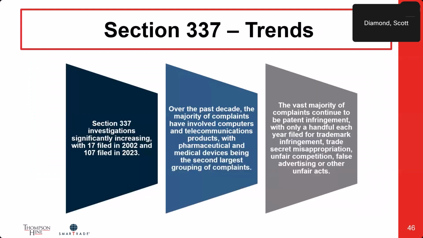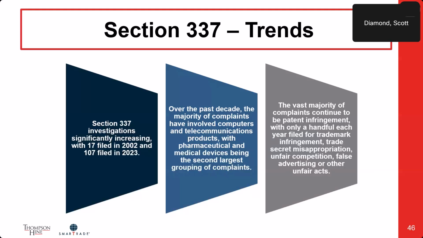This slide just gives you some trends. As you can see very clearly, the 337 caseload has increased dramatically in the past two decades. In 2002, there were 17 337 investigations, and as of 2023, the most recent data I was able to find, there are 107. They keep the ALJs quite busy, hence the trend up and how long it takes.